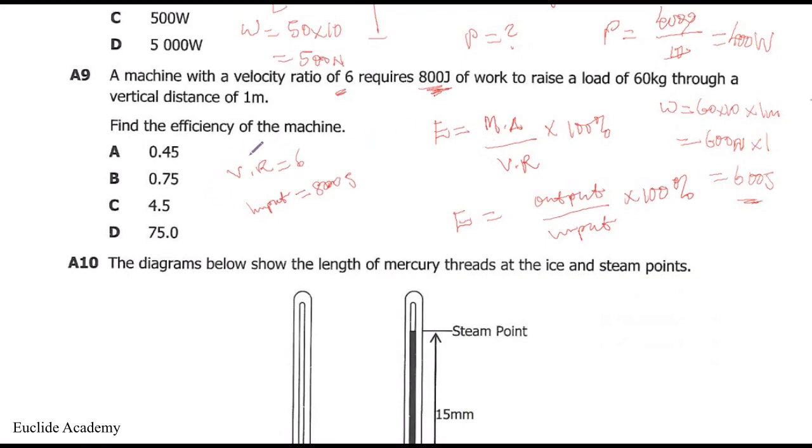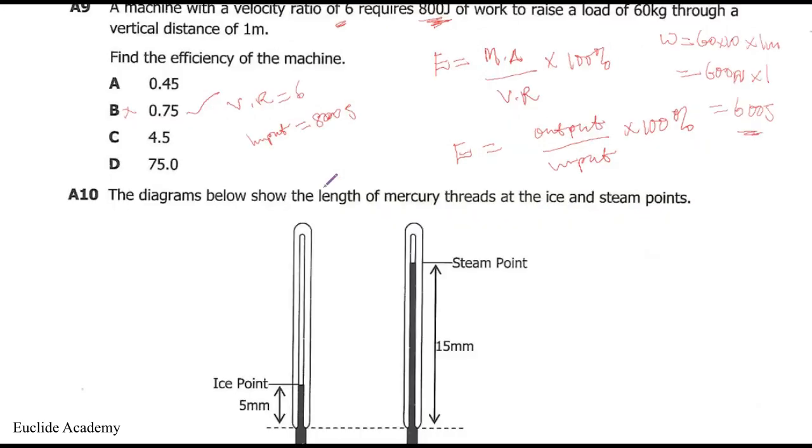Efficiency is simply a ratio of the output work divided by the input work. So we have 0.75. Sometimes it could be in percentages, where you multiply by 100%, so it will be 75%. So this machine has got an efficiency of 0.75 or 75%. It depends which one you want.